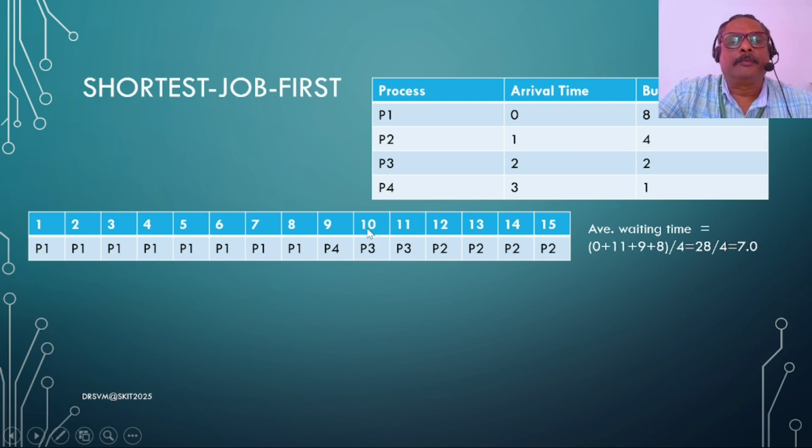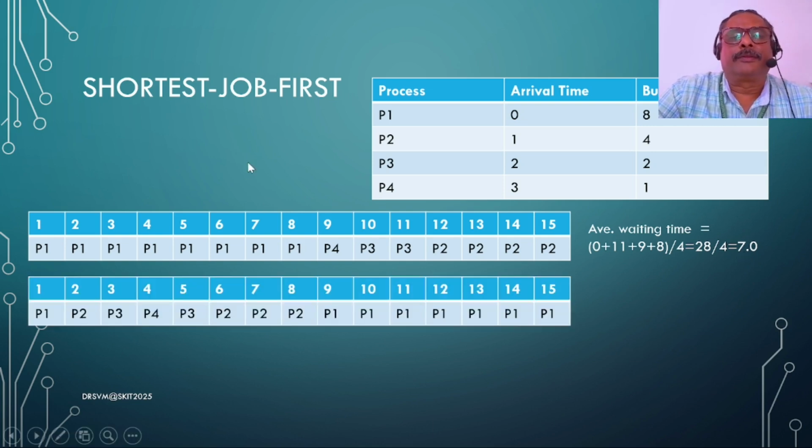P3 begins at instant 10, so it has to wait 9 minus 2, that is 7 units of time, and P4 waits 9 minus 3, that is 6 units of time. So the average comes to around 6.